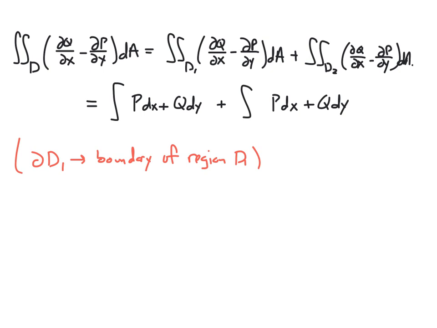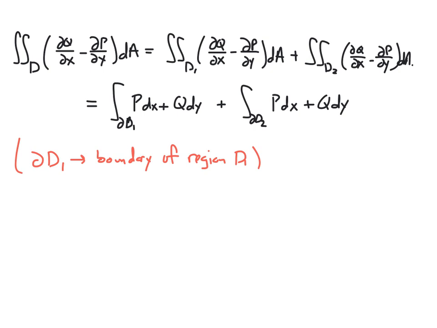And so the double integral over D1 is the same thing as the line integral over the boundary of D1. And same thing here, the double integral over D2 is the same thing as the line integral over the boundary of D2. Right? So now we just have to simplify the sum of these two line integrals.